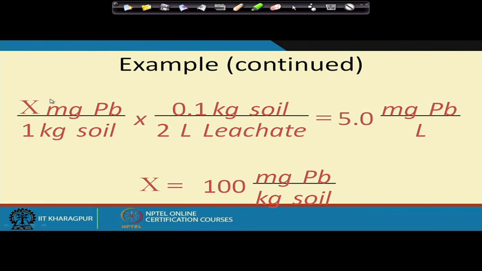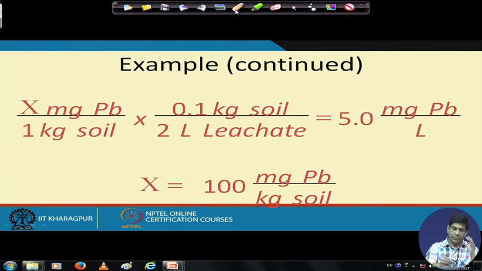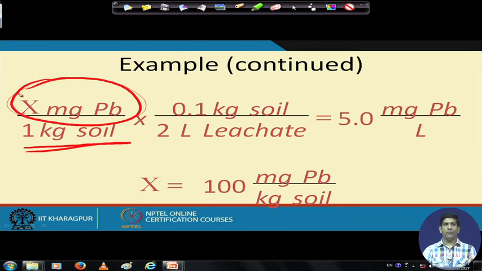So let's assume that number is X. X milligram of lead per kilogram of soil. That's what we have to find out.